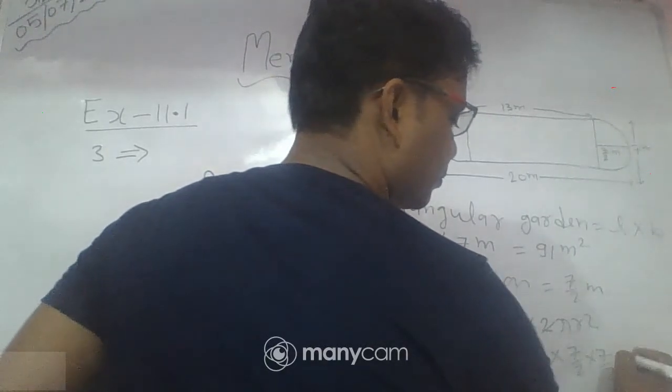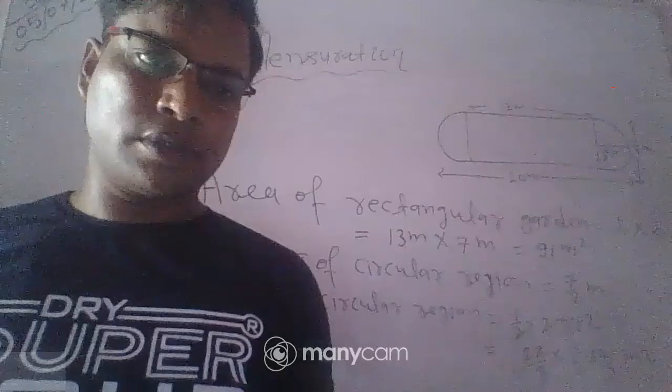The value of pi is 22/7 and the value of r is 7/2. Here you can see the area of the circular region is 38.5 meter square. And the area of the rectangular garden is 91 meter square. So what is the area of the garden?